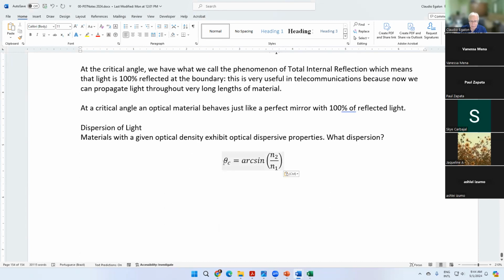Dispersion is the property in which the refractive index of a given medium is a function of the wavelength. That's what dispersion is.